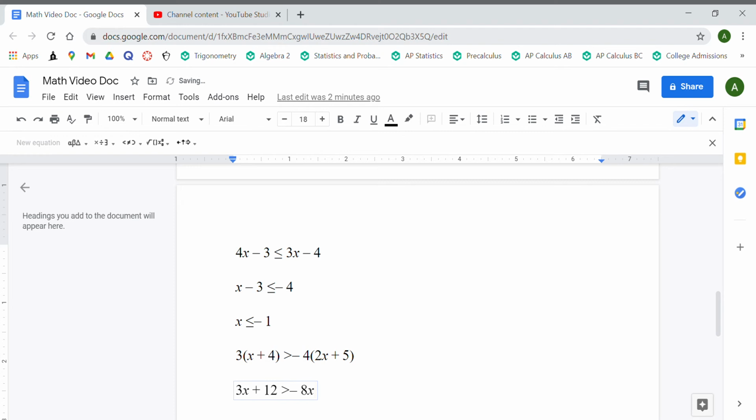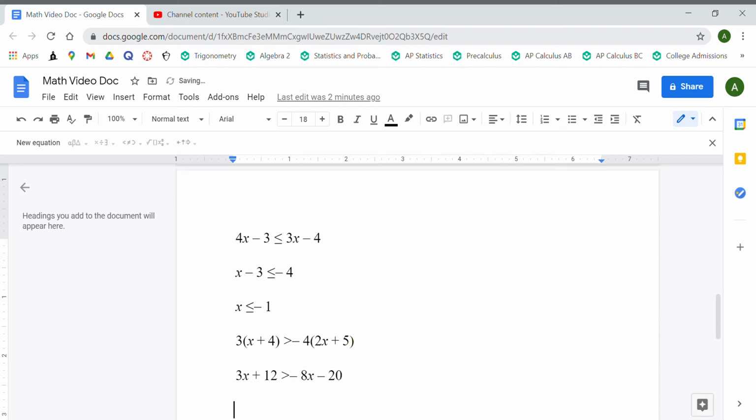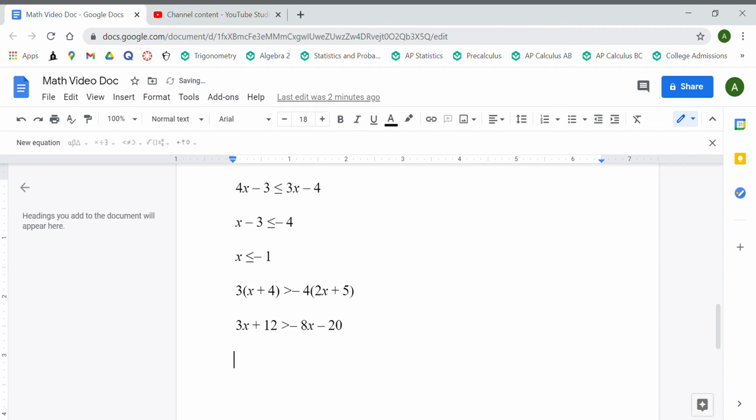Negative 4 times 5 is negative 20. Now notice that we're not changing the symbol here. We are not changing the symbol because even though we're multiplying by a negative number, we are making no attempts to isolate the variables at all. Okay? Please take note of that.